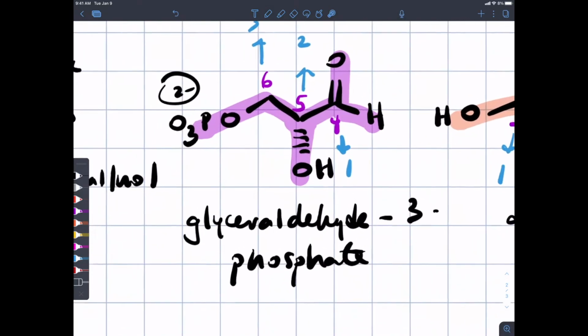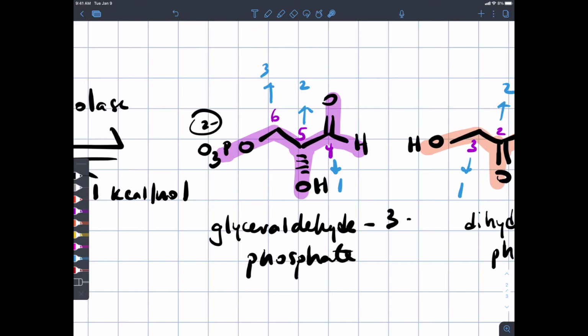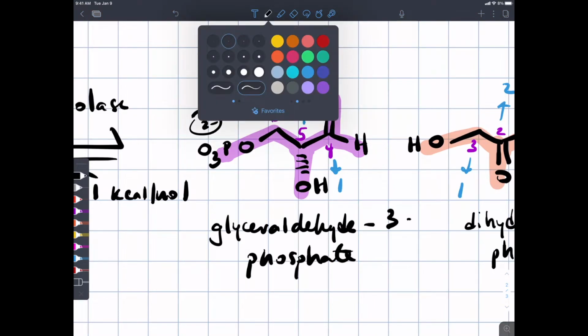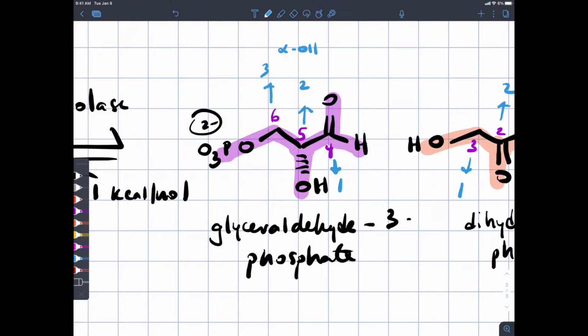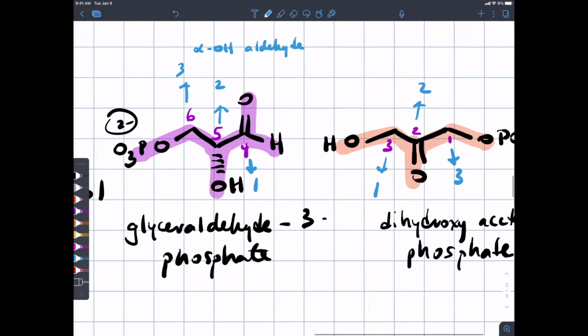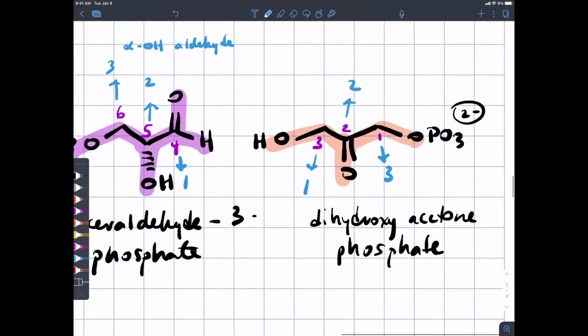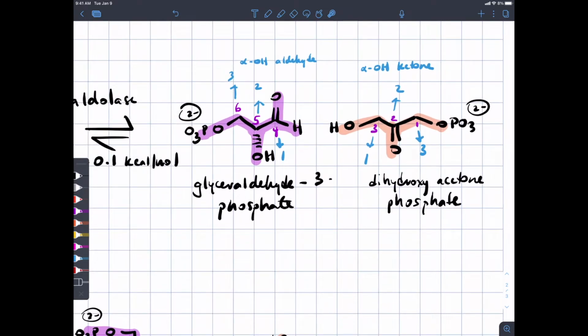Notice that glyceraldehyde 3-phosphate is an alpha hydroxyaldehyde involving carbons 1 and 2, whereas dihydroxyacetone phosphate is also alpha hydroxy, but it's an alpha hydroxy ketone involving atoms 2 and 1, respectively. That puts them in exactly the same relationship as glucose to fructose.